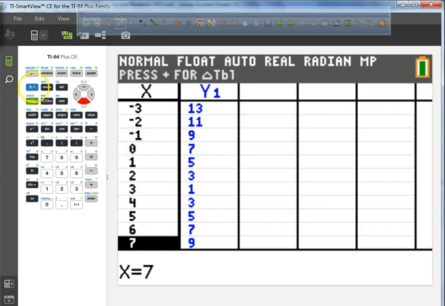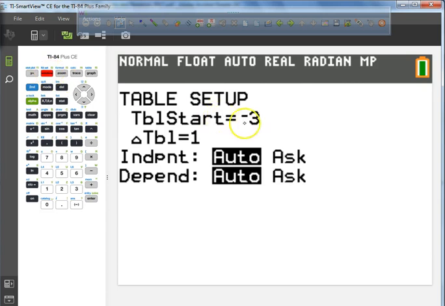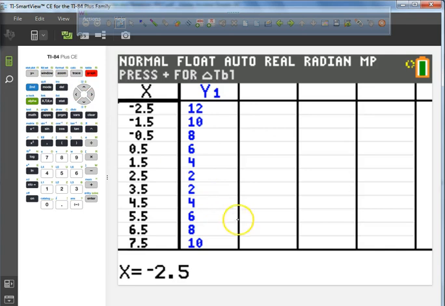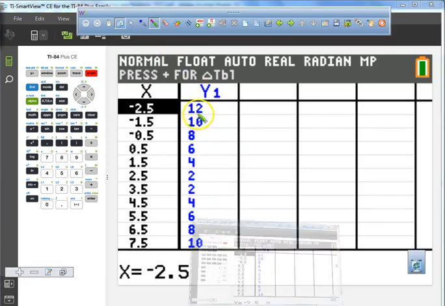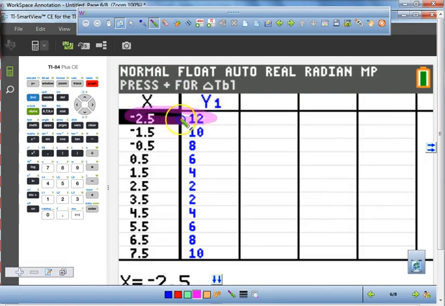What I would do is hit second window and start the table at negative 2.5. This is your table setup. So you can start your table exactly where you want it to start. Okay, so then if I do it, I can check my table. And now, at negative 2.5, I am actually at a 12.